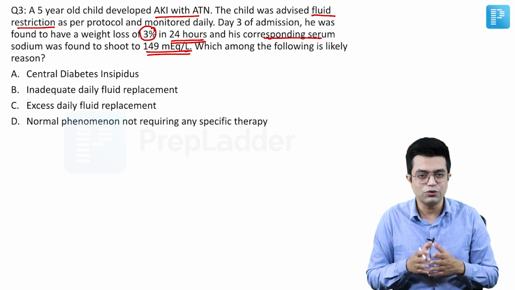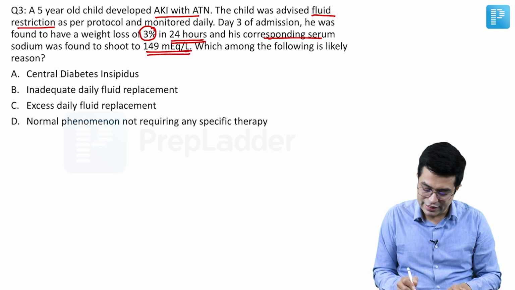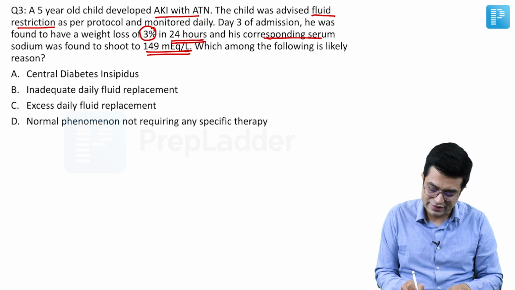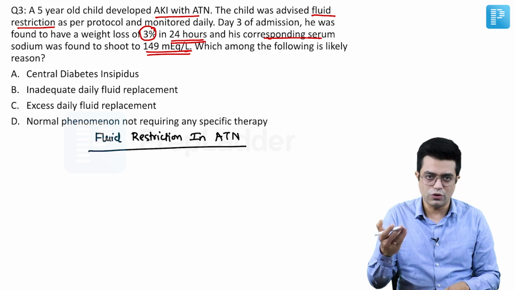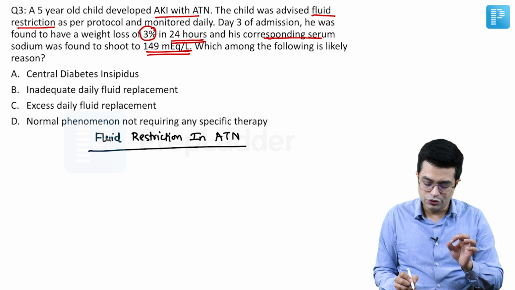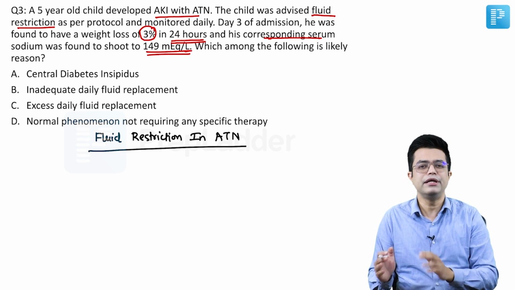Before we discuss and come to the answer, there are a few points that you need to understand. Whenever a child is started on fluid restriction in AKI, how do you do it? In ATN, acute tubular necrosis causing acute kidney injury, you replenish only the losses which are happening. You don't give any maintenance fluid.